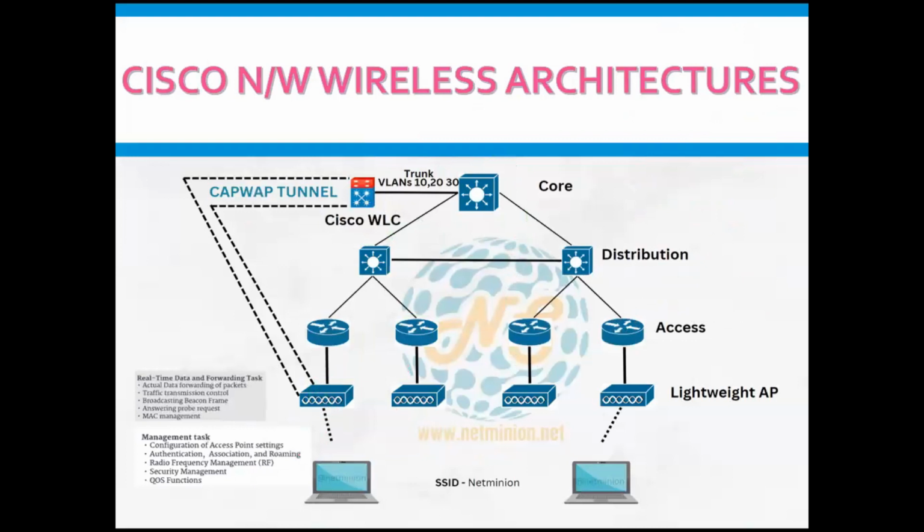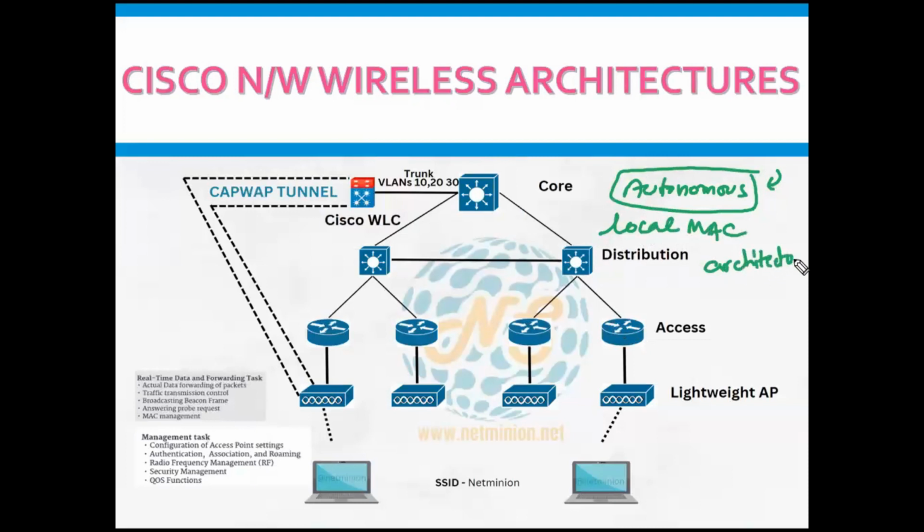Because if you talk about the autonomous AP, everything is done by the autonomous AP itself. That architecture can also be called local MAC architecture. But here the functions are divided between the APs and the WLC.